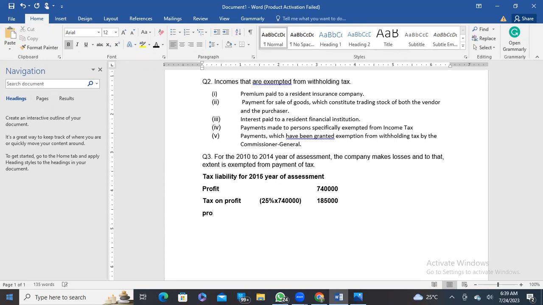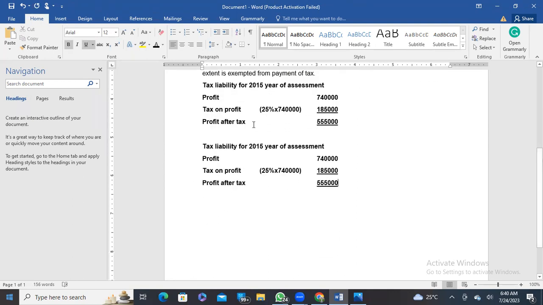What you get there is called profit after tax, which is equal to 555,000. So that's the tax liability for 2015 year of assessment.